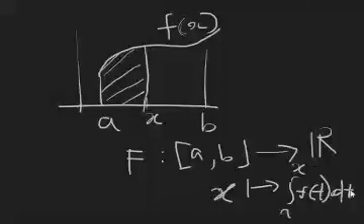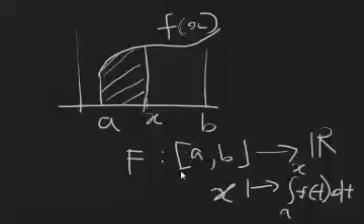Let's consider a different letter for the independent dummy variable, otherwise we get confused with this x. So the dummy variable is t, simple t, right? So this uppercase F is a function which is defined as this. So that function goes from this closed interval to the real line.